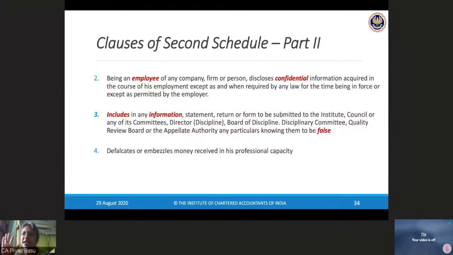That's a misconduct for any member, be in practice or in service, that knowingly we are giving false information to our institute. So it is applicable to all chartered accountants.